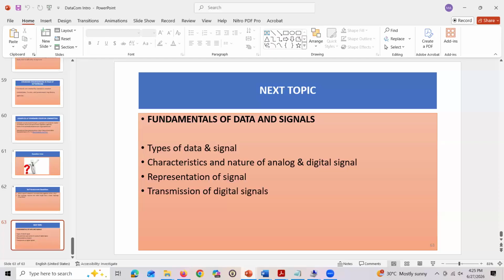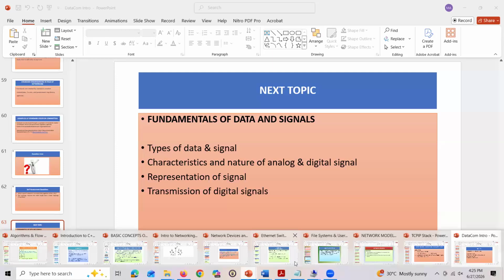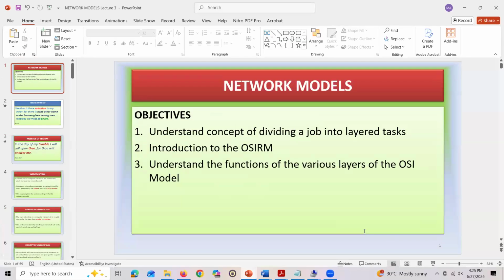And we look at the difference between signals and data, and then the various channels that are used for data communication and transmission. So I'll proceed to the layers that we have in data communication and networking.